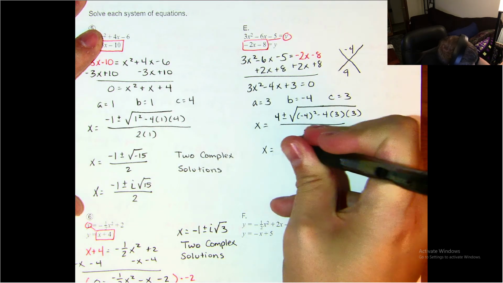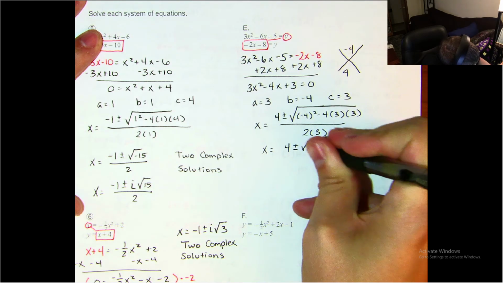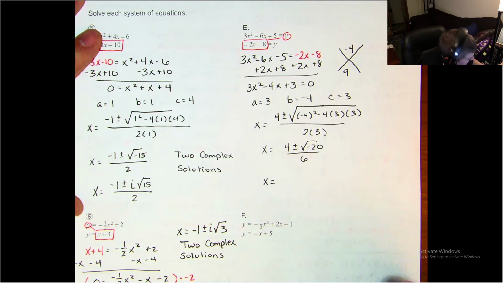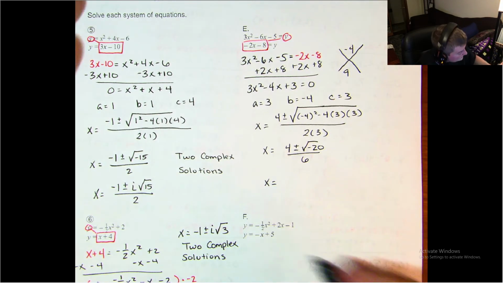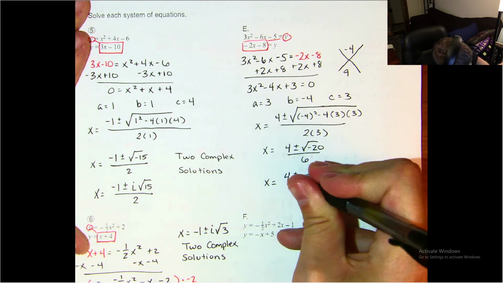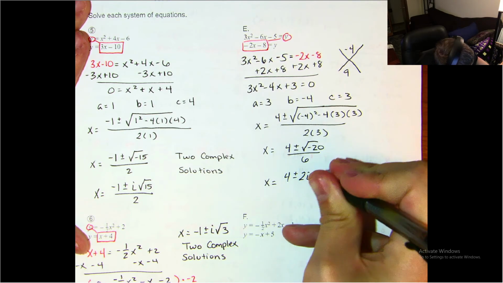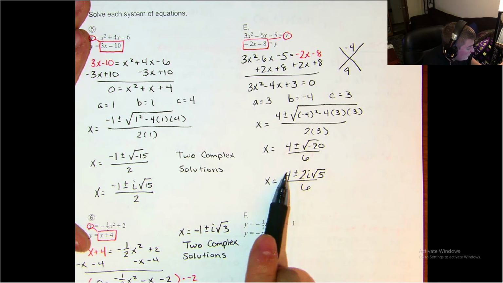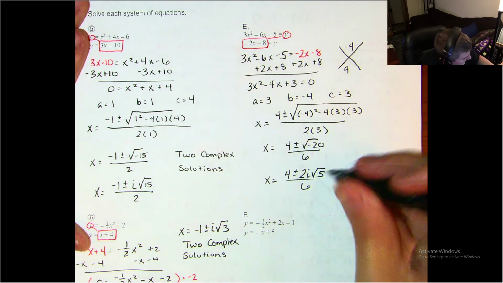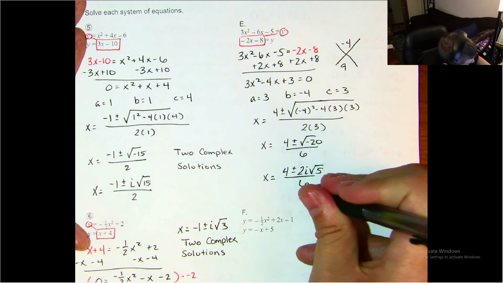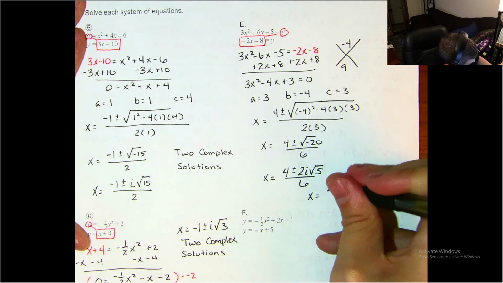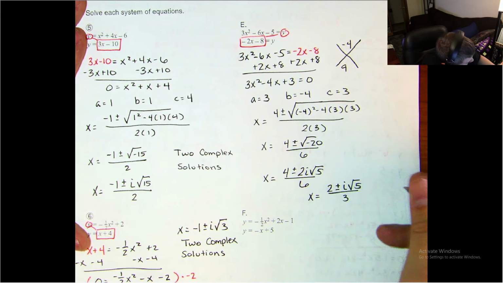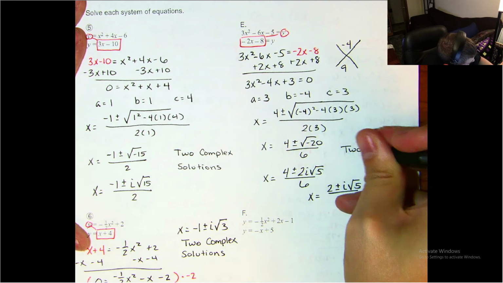So 4 plus or minus the square root of negative 20 divided by 6, which means x is equal to, this would simplify into 2i square roots of 5, all divided by 6. And then these are all even, so that means they're all divisible by 2. So we're going to go ahead and do that to get x is equal to 2 plus or minus i square roots of 5, all divided by 3. And again, I'm having two complex solutions.